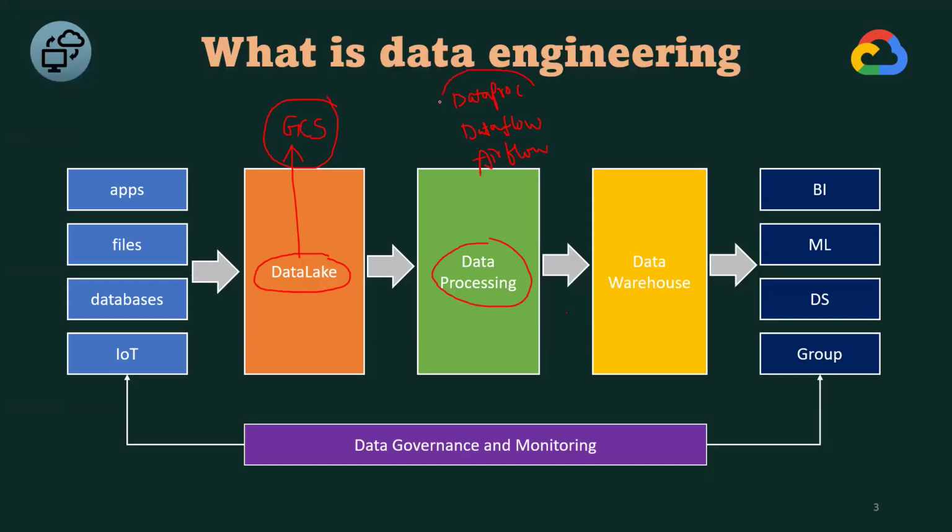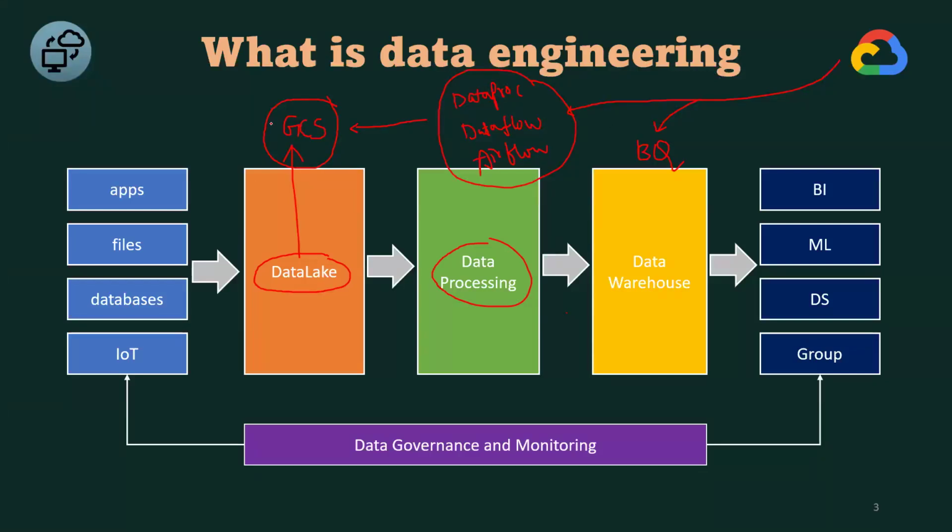You have plenty of services to do the data processing. Here BigQuery is there. So the Google Cloud Platform is providing you a pool of services for the organizations to build their solutions, build their applications or deploy their applications and services in the cloud. And they can also scale it.